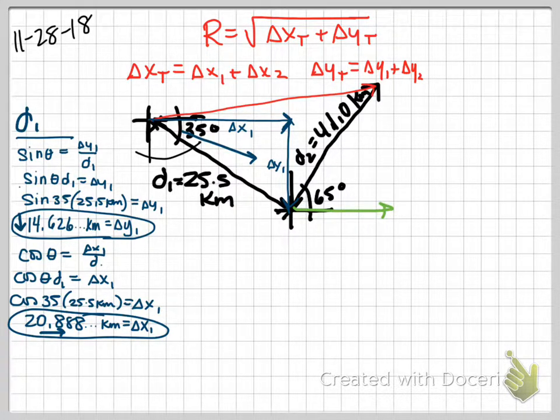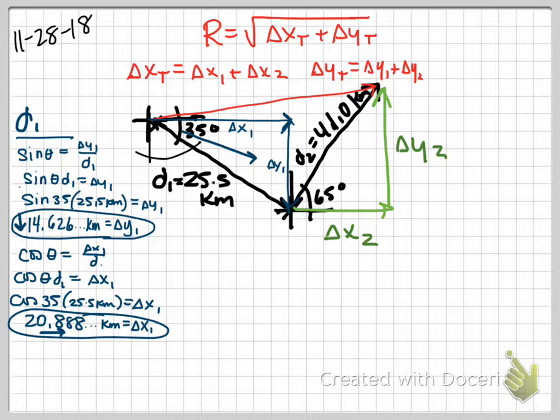Again, whenever possible, I use the triangle that would be governed by the angle I was given, which would be out here using that 65. And I'm going to label these. Let me see if I can get a darker green. That might be better to read. So this would be delta y2. This would be delta x2. And right off the bat, what do you notice about delta y2? It's north.